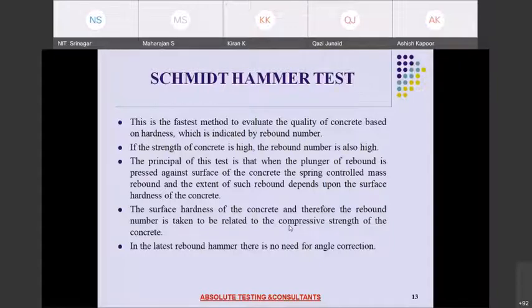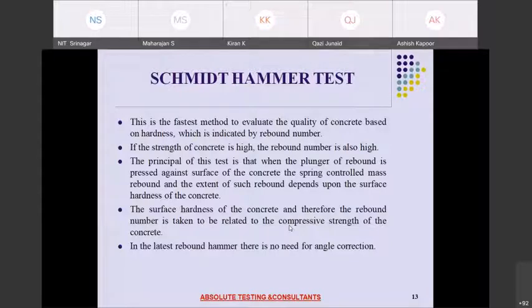By using the rebound number, we can estimate the compressive strength, but not exactly, because rebound hammer gives you a result based on the surface hardness of the concrete. There are certain parameters which are going to affect the hardness of the concrete, so it is important to mention the present condition of the concrete.